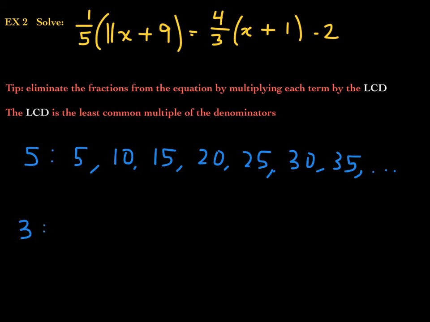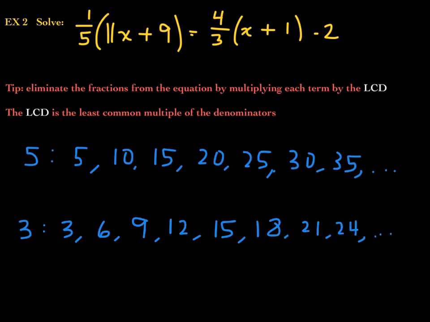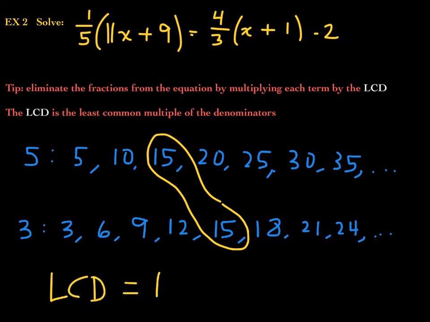Well, 3 times 1, 3 times 2, which is 6, 3 times 3, which is 9, and then 12, 15, 18, 21, 24, and the list goes on. The least common multiple is the LCD. And you can see by comparing your lists that the least common multiple between 3 and 5 is 15. So therefore, the LCD in this problem is 15.